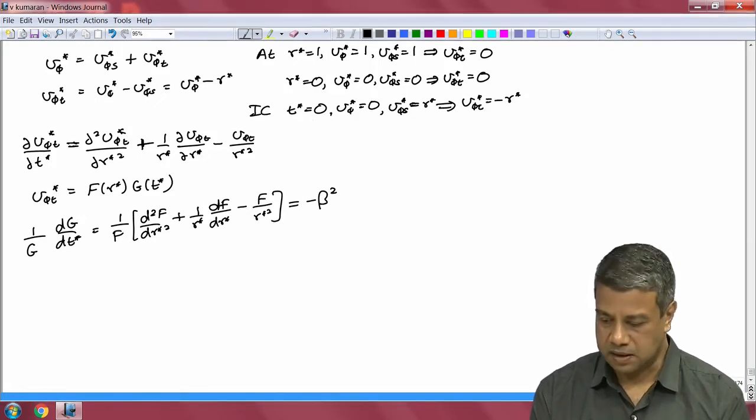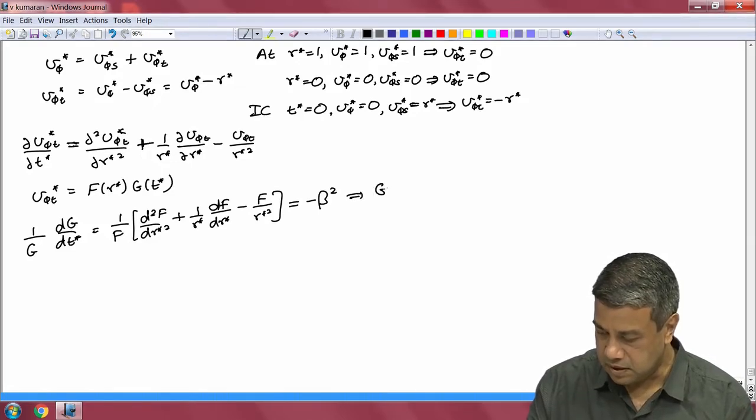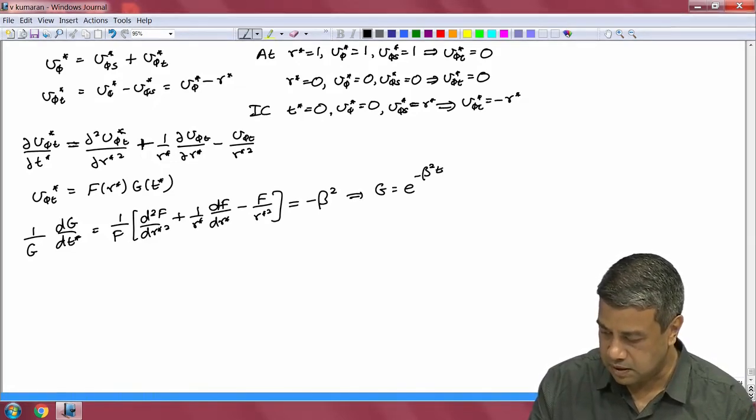Therefore, g has to be negative. And the solution for this is, of course, g is equal to e power minus beta square t.